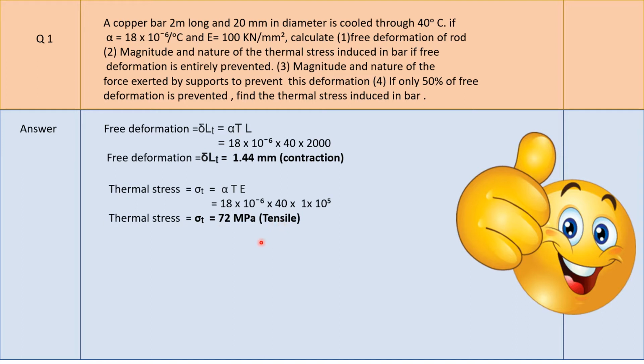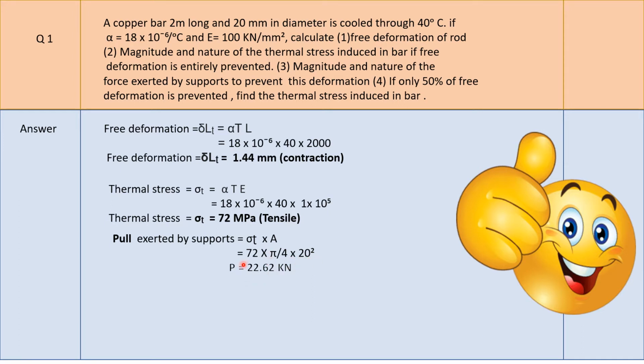Now we will calculate the magnitude and nature of the force exerted by the supports. Because it is a tensile stress, the pull exerted by the supports will be equal to sigma T into area. Sigma T we have calculated as 72, so substitute 72. Now the bar diameter given is 20 mm, so area will be pi by 4 into 20 square.